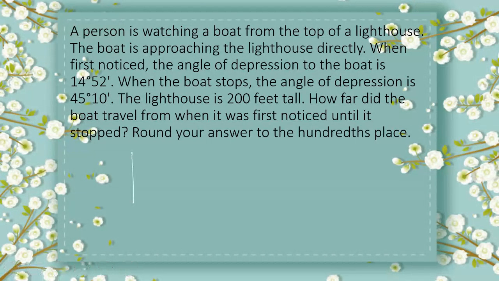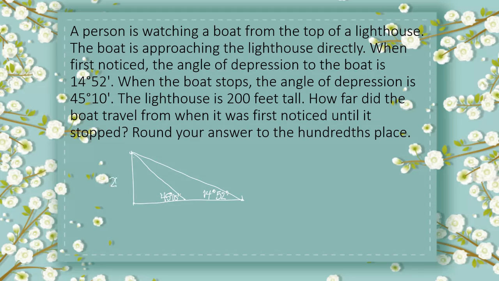So let's draw a picture of this, okay? So I've got my lighthouse, I've got my boat, and I've got my angle. The first spot that they see the boat is over here, and that's at an angle of 14°52'. Then they look again, so I'm going to draw a second triangle, and this time the angle is 45°10'.